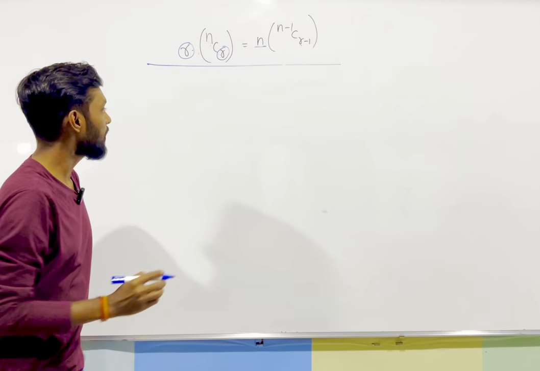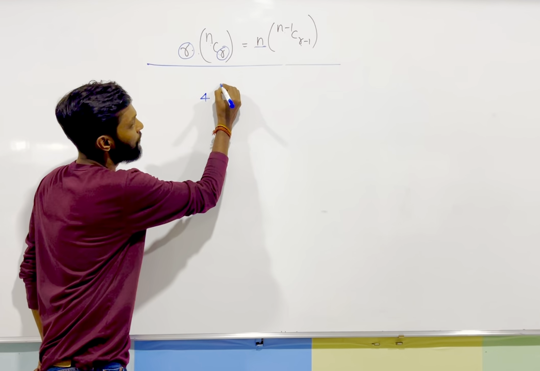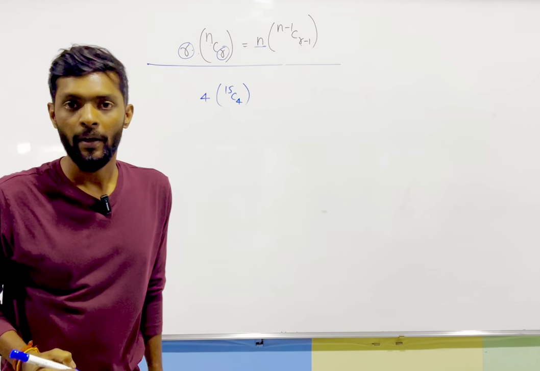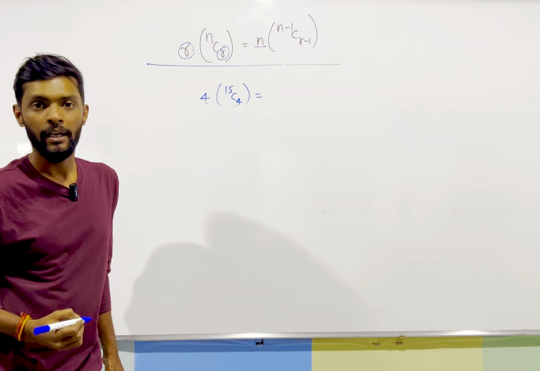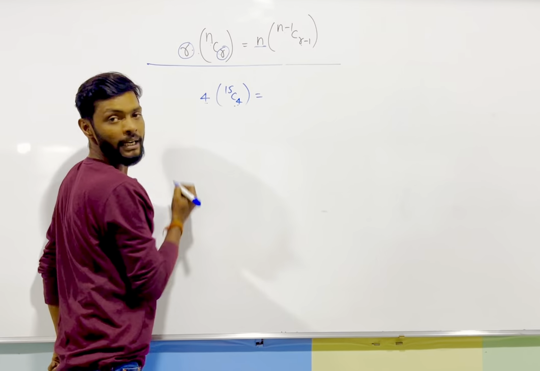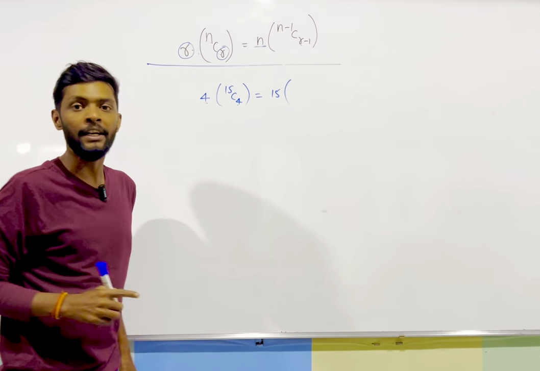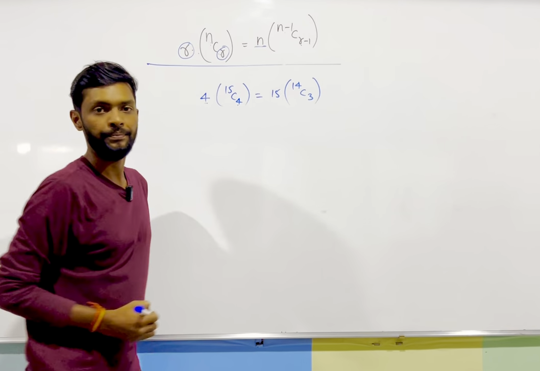You did not get it? Don't worry, you will. If I multiply 4 by 15C4, we see that these two numbers are the same, then the result will be 15 comes down, and these two numbers get reduced by 1, so 14C3.